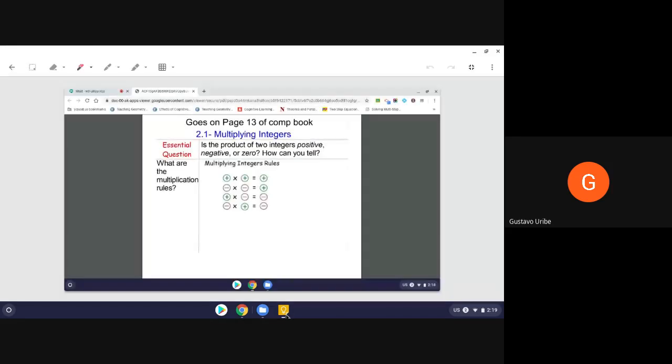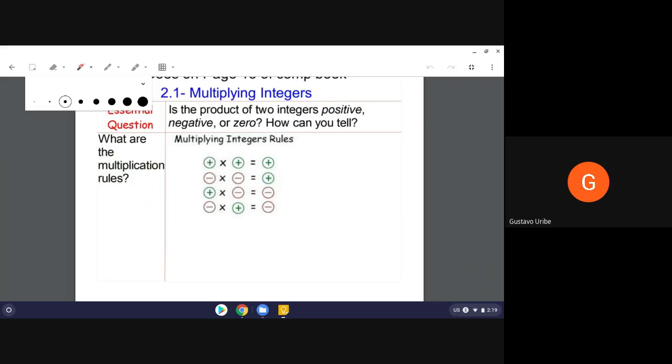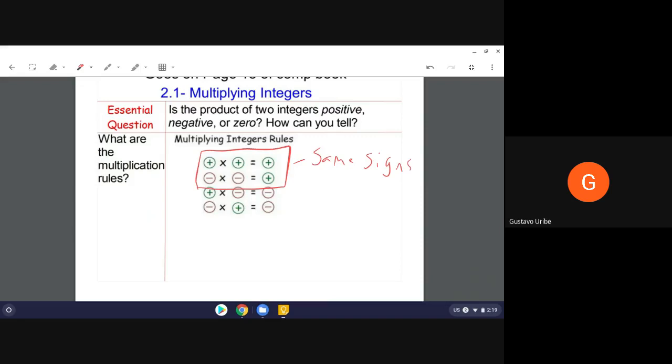So, as you can tell by looking at this, same signs multiplied equals positive. Below here, I have different signs multiplied.